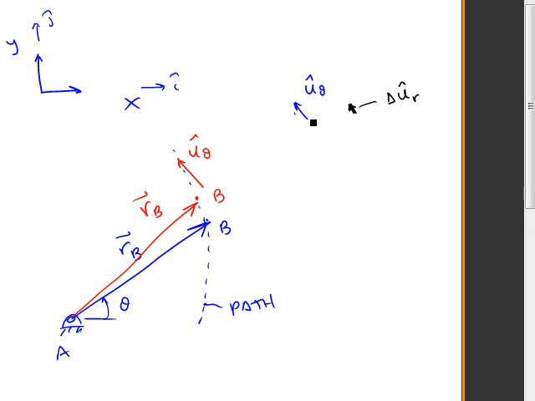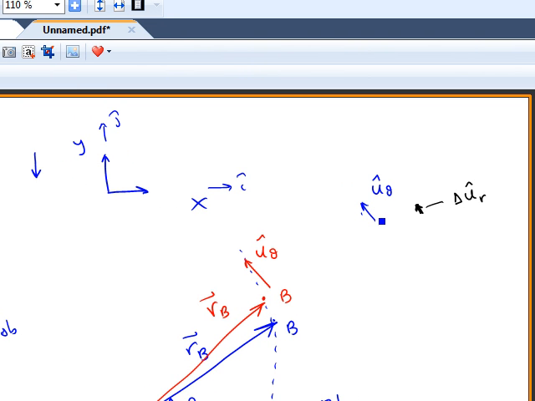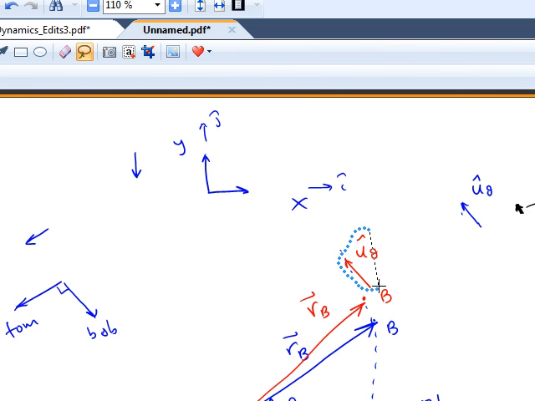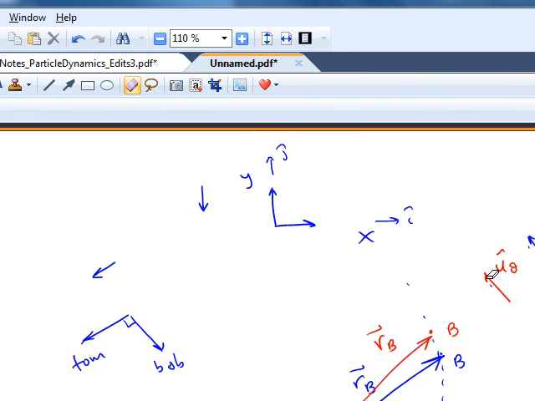It's in the U theta direction. It's in the positive U theta direction. Okay, so let's look at what happened to U theta. This was the U theta direction, and then the position vector rotated, and then we ended up with, oh, I didn't quite draw these very well.